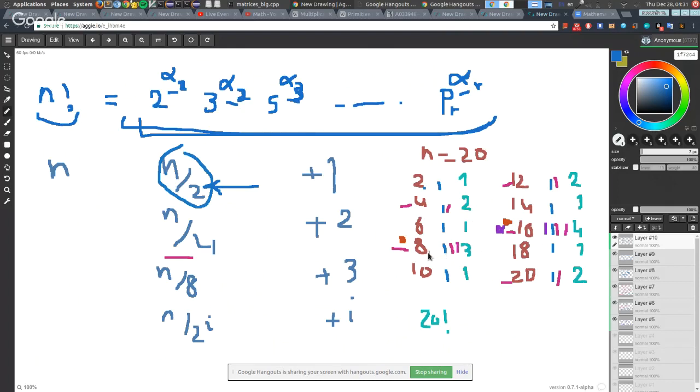The 8 will add the value 3 to the exponent of 2. We count it by counting that the number is divisible by 8, but not divisible by 16, and it's also divisible by 4 and 2.